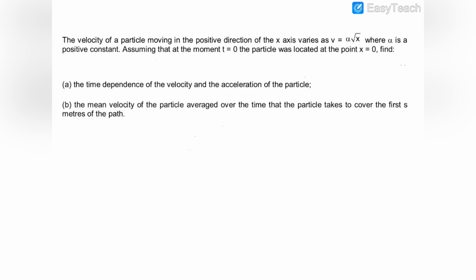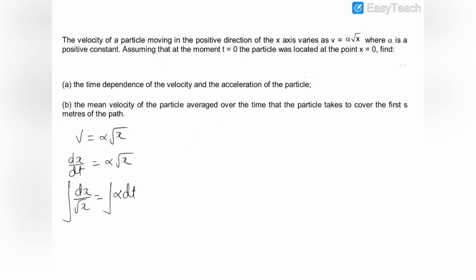So we know that v is equal to alpha root x. Now you can see that we can write v as dx by dt, and this as alpha root x, and dx upon root x is equal to alpha dt.